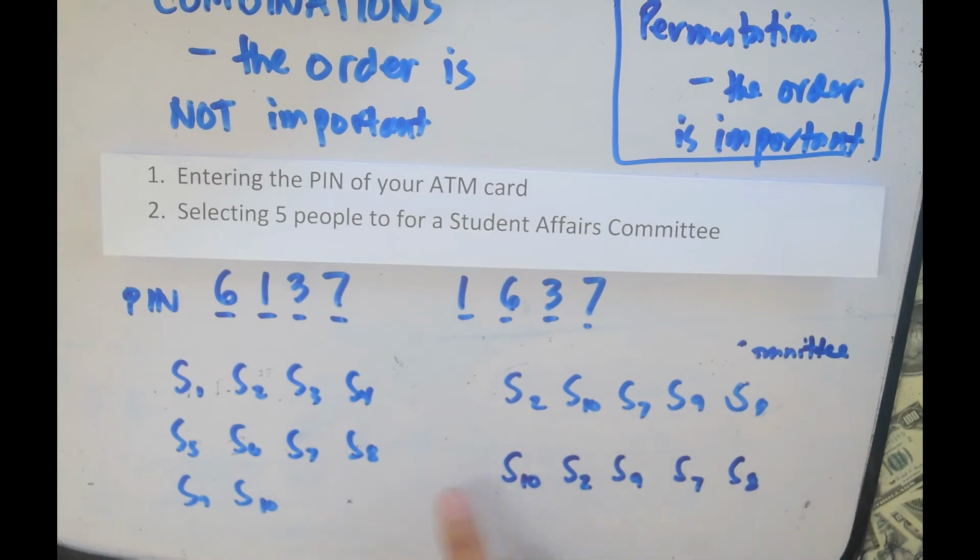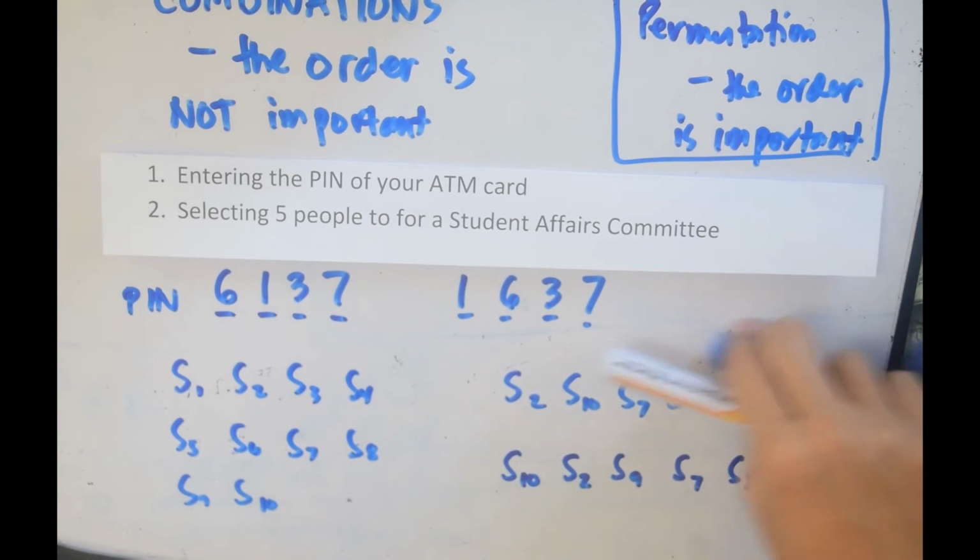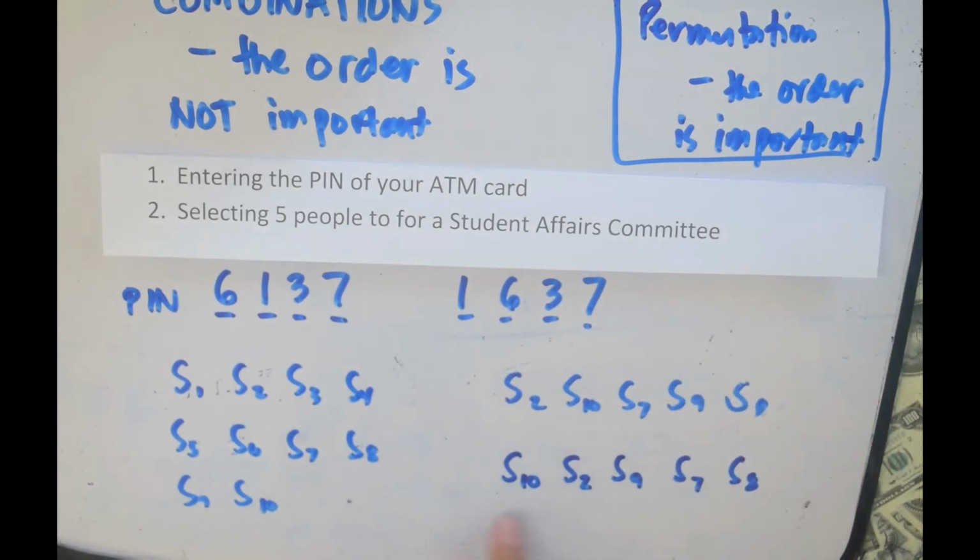However, the question here is just to select 5 people to form a committee. So is the arrangement important in this scenario? We have student 2, student 10, student 7, student 9, student 8, and the same elements here, student 10, student 2, student 9, student 7, student 8. Are these two arrangements the same? Yes, they are the same since we are just forming a committee.